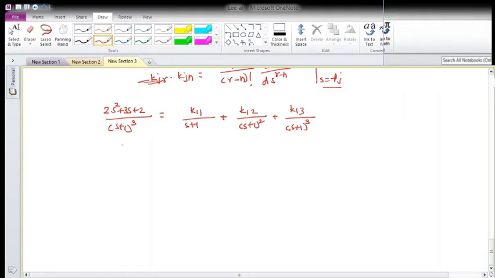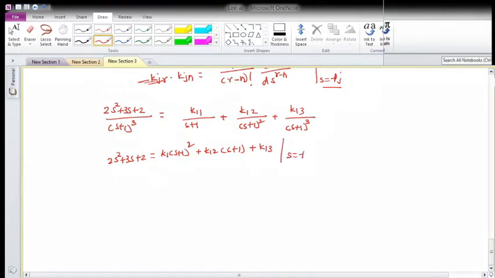Now what next? I will multiply with (s + 1)^3, so it will be 2s^2 + 3s + 2 is equal to k11 (s + 1)^2 plus k12 (s + 1) plus k13. Now this I have to evaluate at s is equal to minus 1.